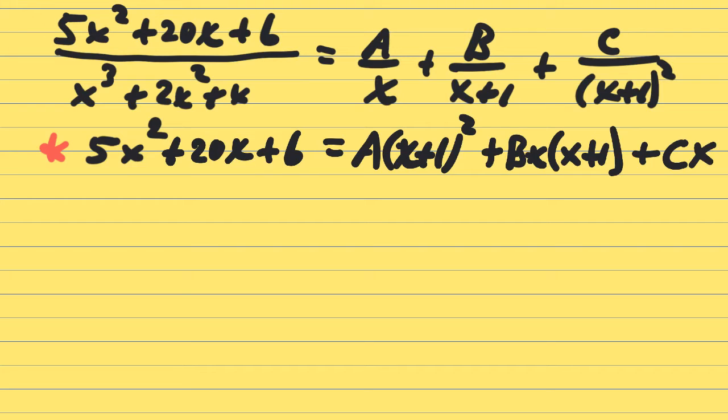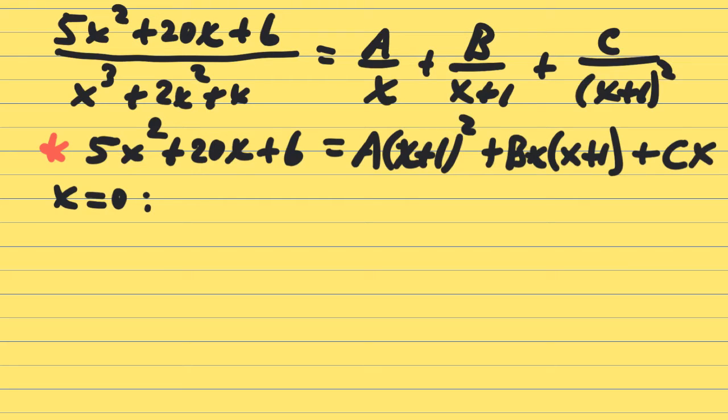Okay. Now, as far as what we're going to replace x with in order to solve for A, B, and C, we have a good candidate of 0 and -1. Those are values of x that make those split up fractions' denominators equal to 0. Let's take it one at a time. And first we're going to let x be 0.